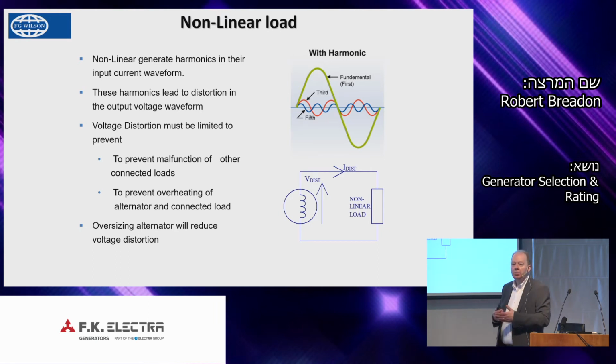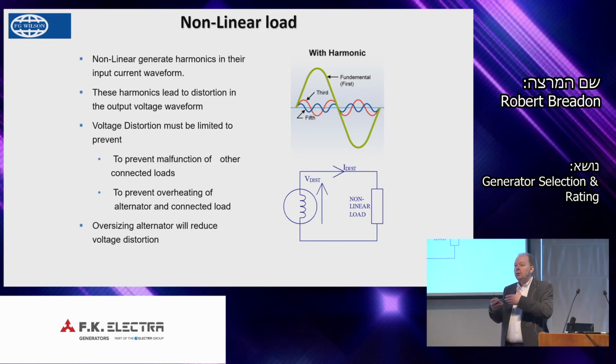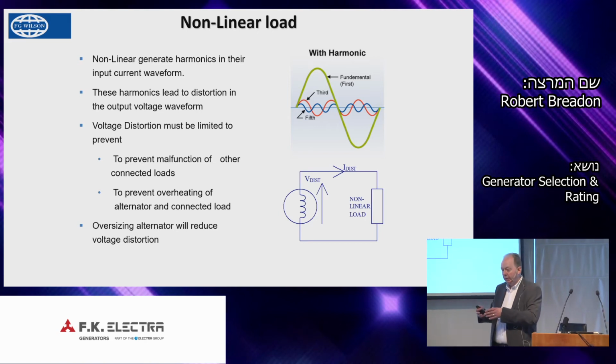And what we're really doing is, in simple terms, we're putting a larger alternator. There's more copper in there, and it's able to provide a better, basically synchronous alternators are like a filter, and so they will try to filter out harmonics. But there gets to a stage where there's not enough capability.